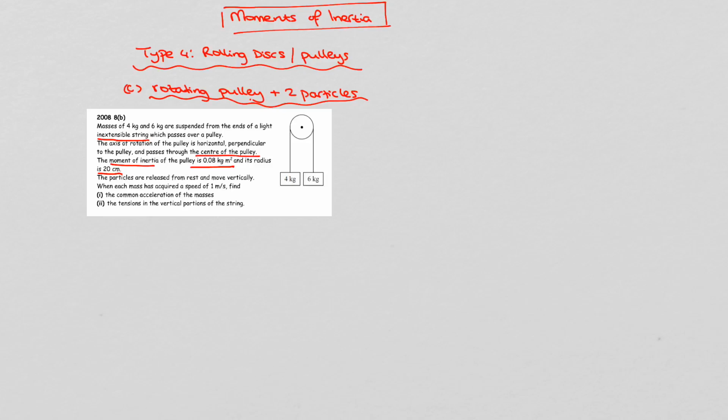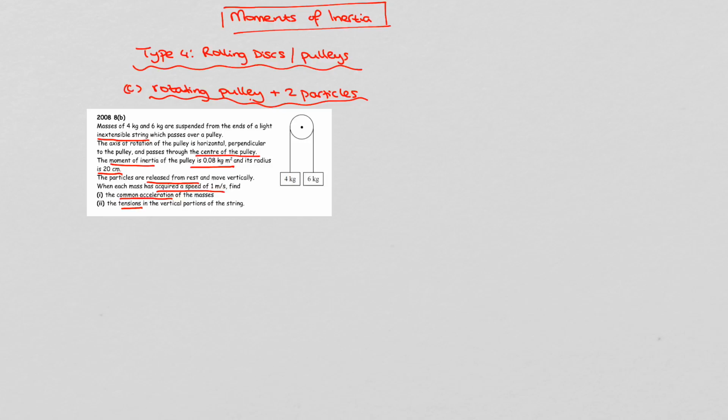We're told the particles are released from rest and move vertically, and when each mass has acquired a speed of 1 metre per second, we have to find 1, the common acceleration, and 2, the tensions. Normally when we're looking at pulleys and wedges, we have common acceleration and common tension because it's just one string.